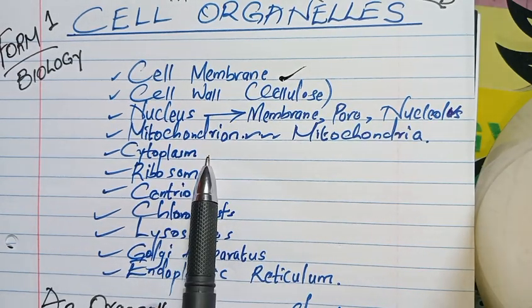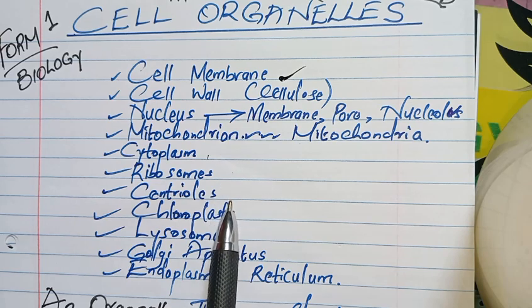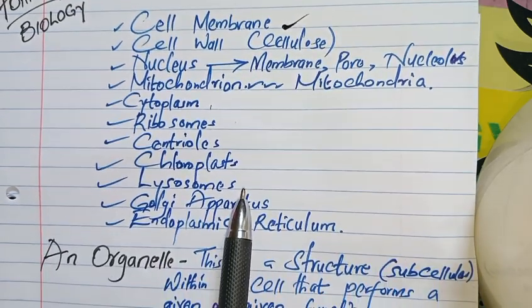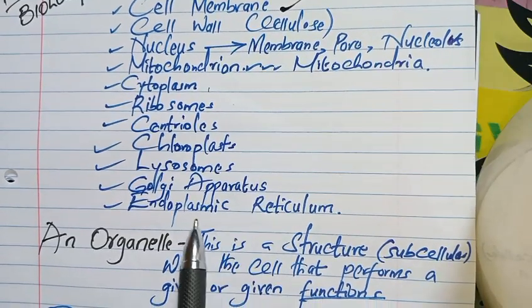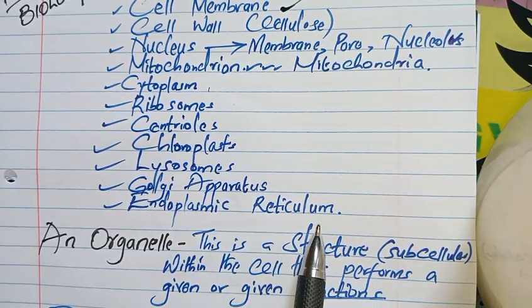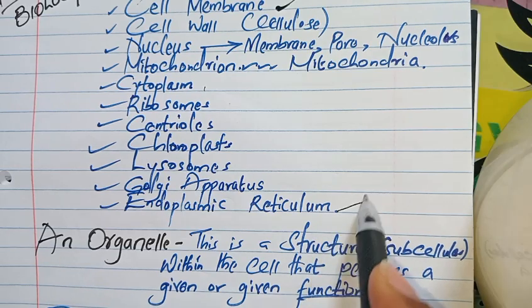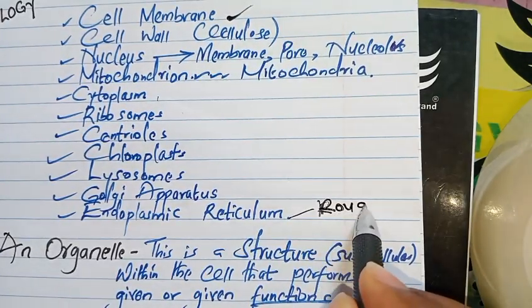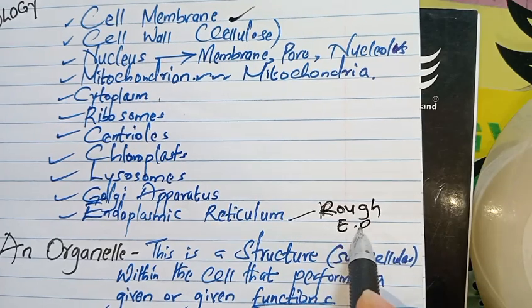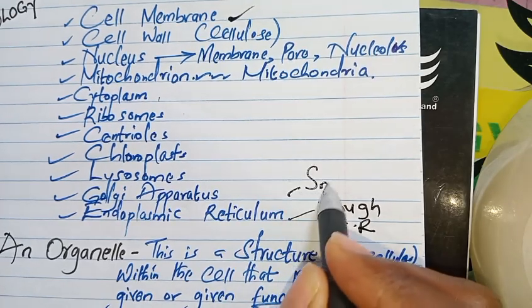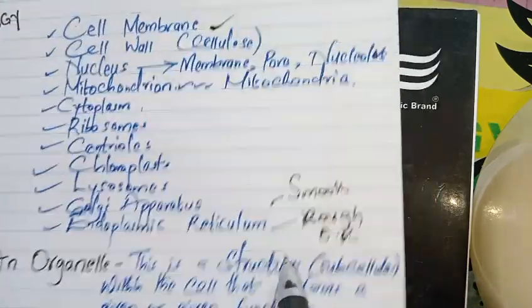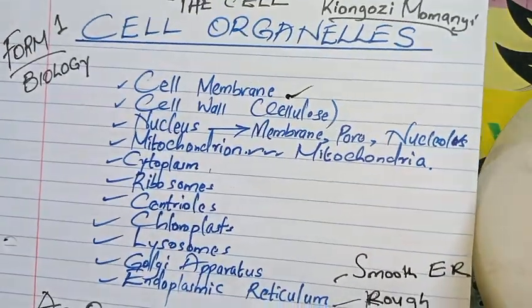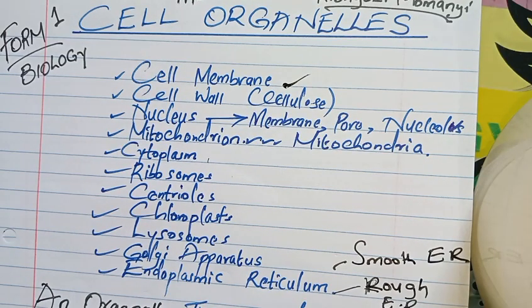We have the cytoplasm, the ribosomes, the centrioles, the chloroplasts, the lysosomes, the Golgi apparatus, and of course the endoplasmic reticulum, which are two: the rough endoplasmic reticulum, rough ER, and of course the smooth endoplasmic reticulum.